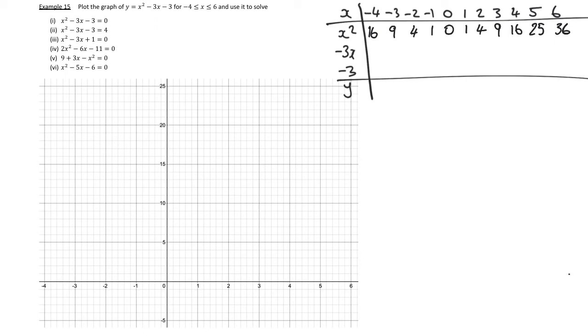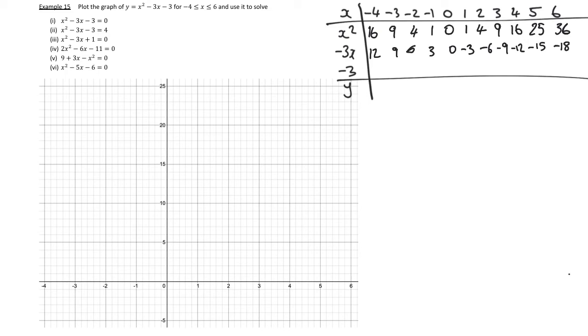Minus 3x is minus 3 multiplied by x, so minus 3 times minus 4 is 12, minus 3 times minus 3 is 9, minus 3 times minus 2 is 6, minus 3 times minus 1 is 3, minus 3 times 0 is 0, minus 3 times 1 is minus 3, then minus 6, minus 9, minus 12, minus 15, and minus 18.